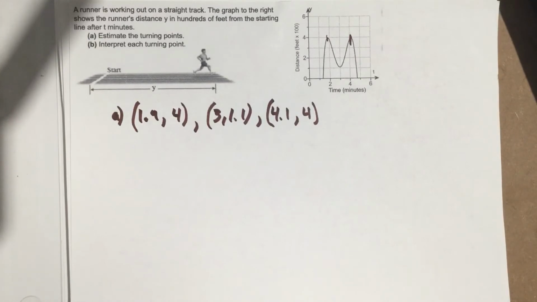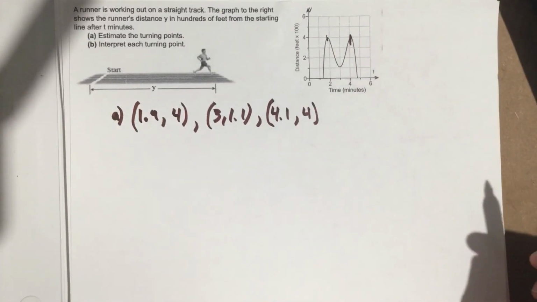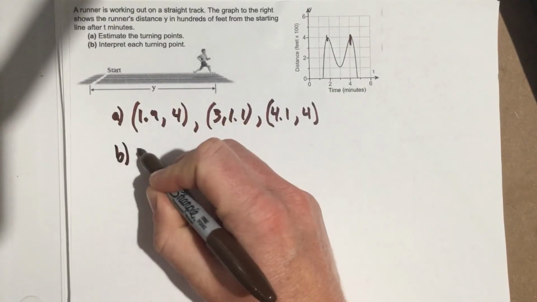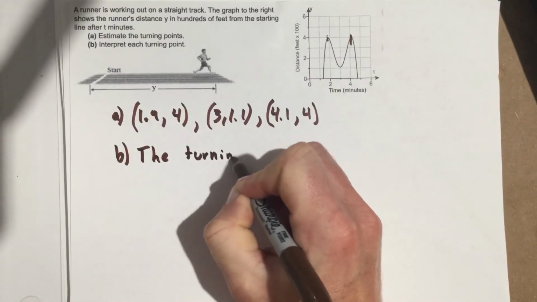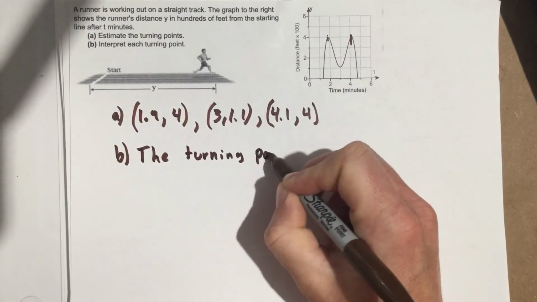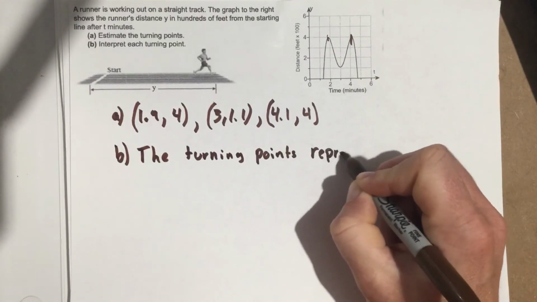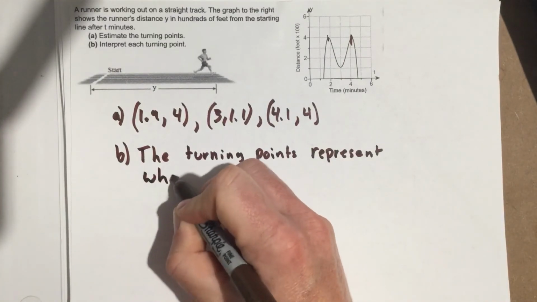So each of these turning points are representing when the runner switches direction. So we can say that the turning points represent when the runner changes direction.